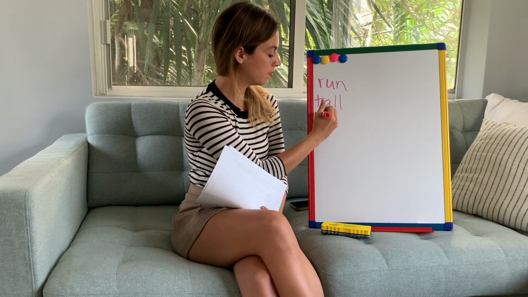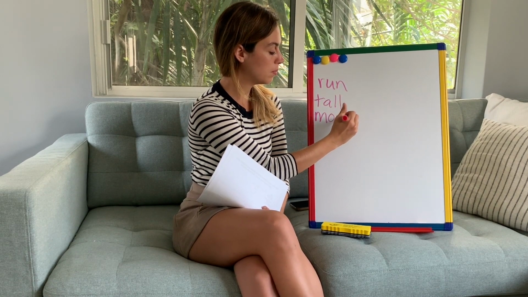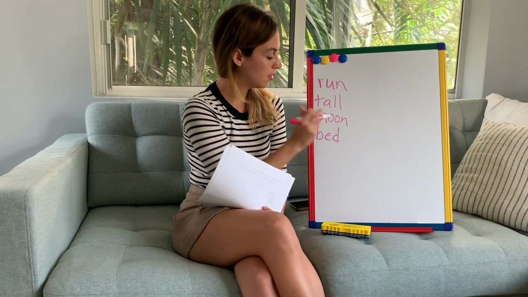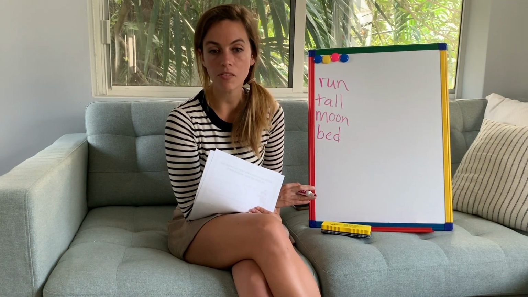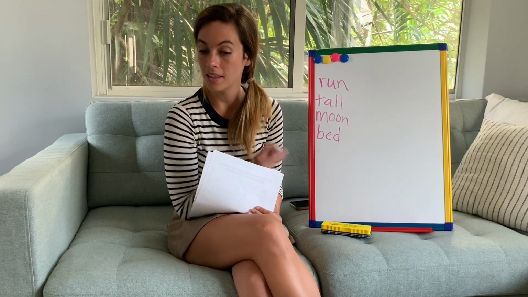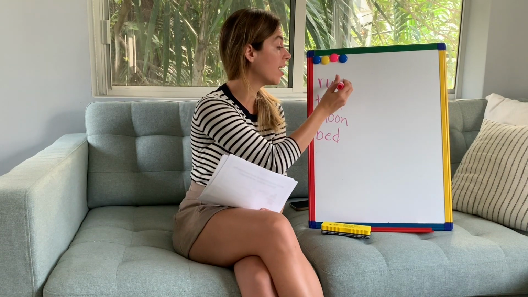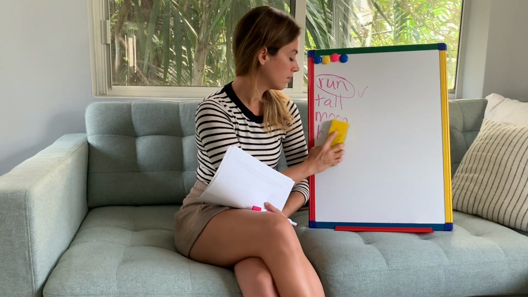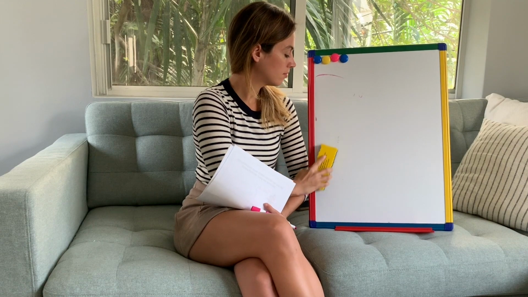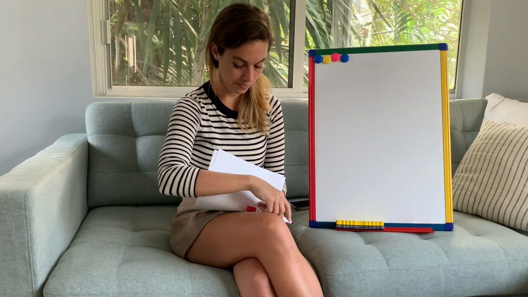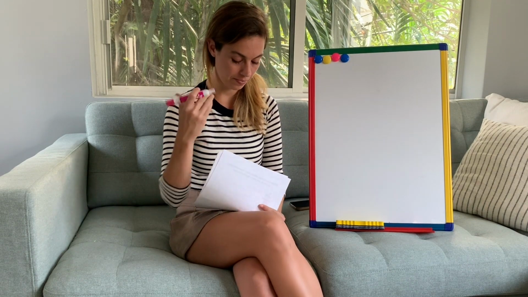Tall, moon, and bed. Okay, which one is the verb? Which one can you do? Which one's an action? The doing word. Run. Good. You can run. That's something you can do. Good. Okay, ready for our next one?